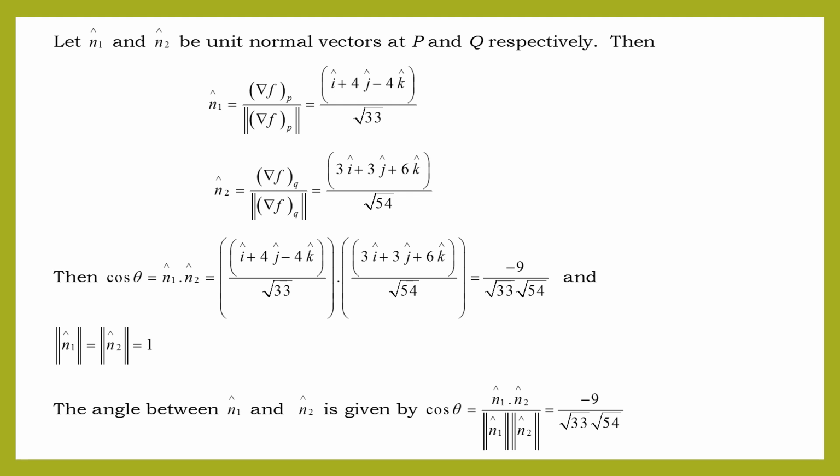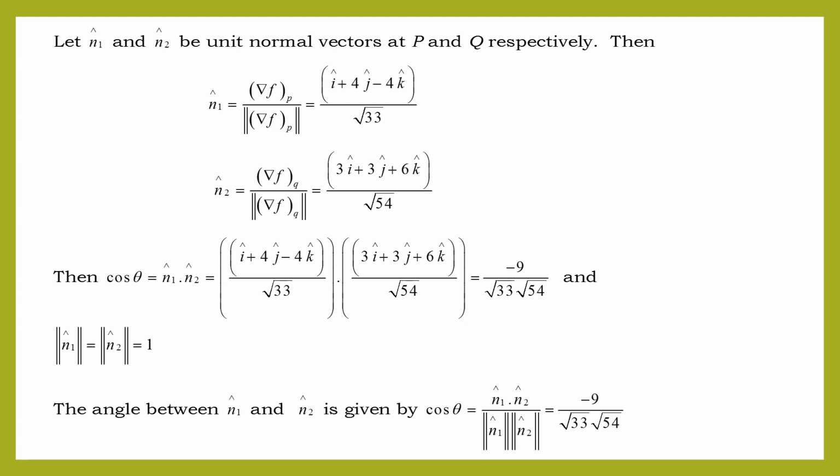Now how to find n1 and n2? n1 = ∇f at P divided by the norm of ∇f at P. So we have to find the norm of ∇f at P first. We have seen that ∇f at P = i + 4j − 4k. So the norm of ∇f at P becomes the square root of 1² + 4² + 4², which equals root 33.